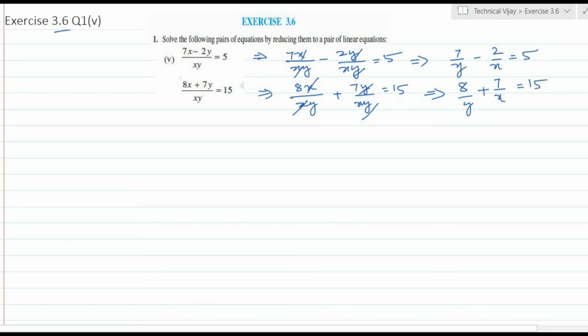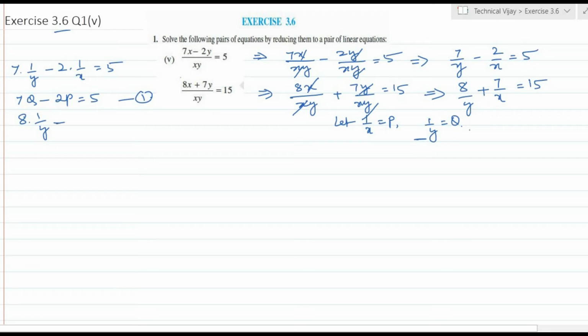Okay, so now we will assume, let 1 by x is equal to p, 1 by y is equal to q. So this one, 7 by y can be written as 7 into 1 by y minus 2 into 1 by x is equal to 5. Here 1 by y can be written as q, so 7q minus 2p is equal to 5. This is one equation. In the same way, the second one: 8 into 1 by y plus 7 into 1 by x is equal to 15, so 8q plus 7p is equal to 15.